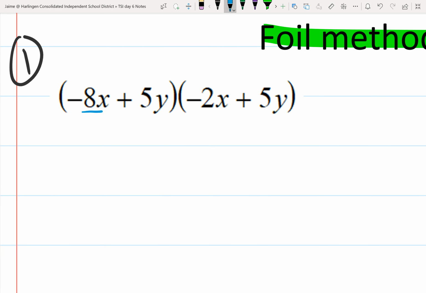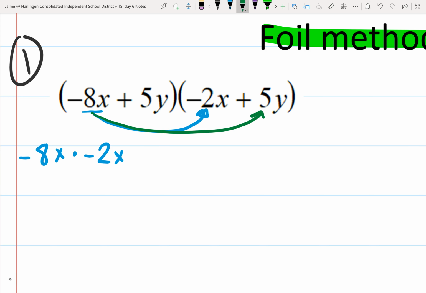Same thing, get the first one times the first one. Again, on number 1 is the only time I'm going to write out all the steps just in case you forgot. So negative 8x times negative 2x. And then it's negative 8x times 5y.